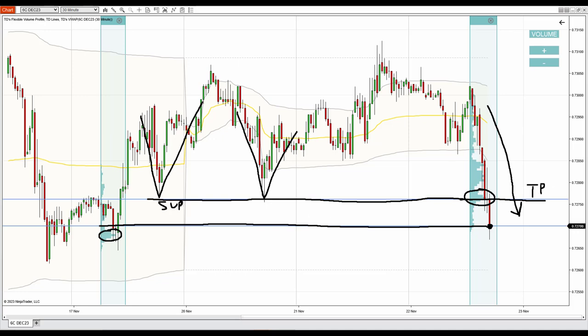What happened when the price blew past that support is that the support turned into a resistance, or could have turned into a resistance. So this is potentially a resistance, and I don't want to hold a long trade past that. So hopefully we will see a reaction, and I quit the trade in here.